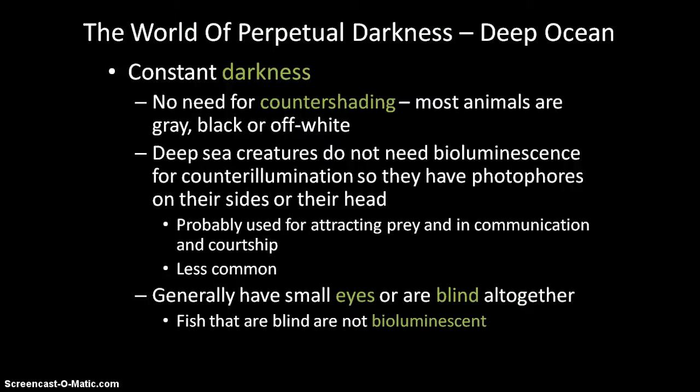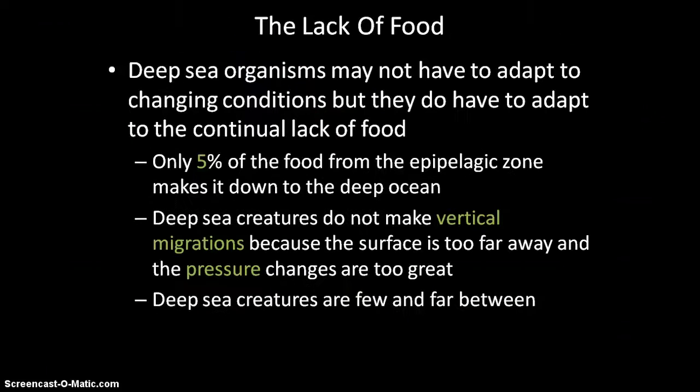But if the animal or fish does not use bioluminescence to communicate or find a mate, then they are typically blind, or they'll just have really, really small eyes and not be able to see very well, because they are relying on other senses. There's no light from the sun to see by down there anyways, and they're not using bioluminescence to communicate, so why have eyes? They'll just have other adaptations to be able to find their food and their mates.